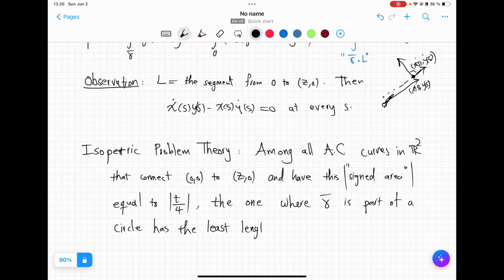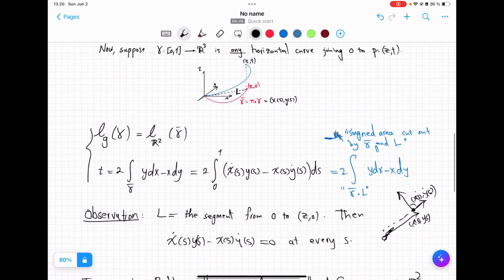length or perimeter. So it says that if you are in the plane and you want to obtain an area here, this signed area, if you want to obtain an area of T equal T over 4, the shortest length R2 gamma bar you can afford will be the one that comes from choosing this to be a circular arc.